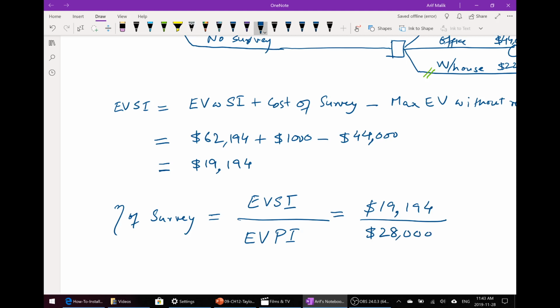So what we get is about 0.69, or 69% is the efficiency of survey.